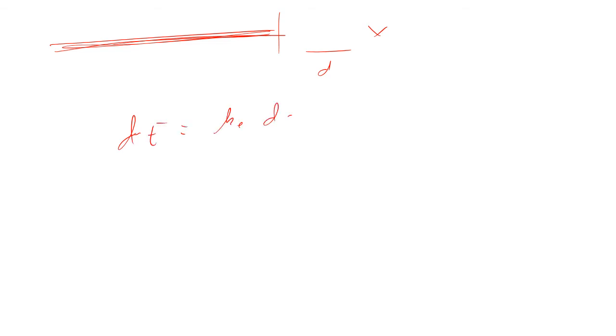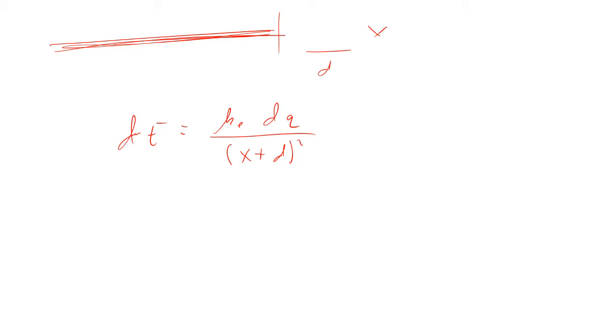So that means that for my little setup right here, this is some d, and the dE is going to be equal to k dq over (x plus d) squared.